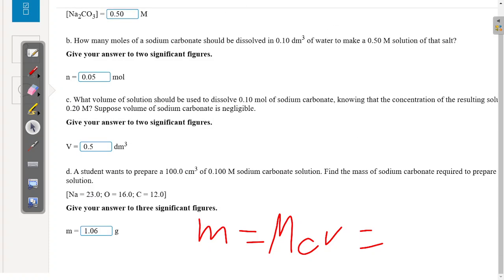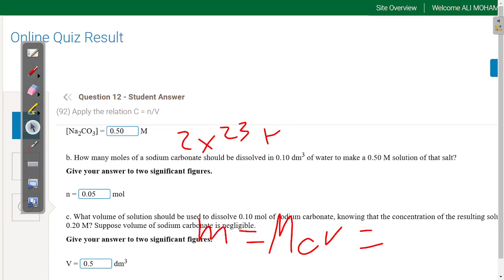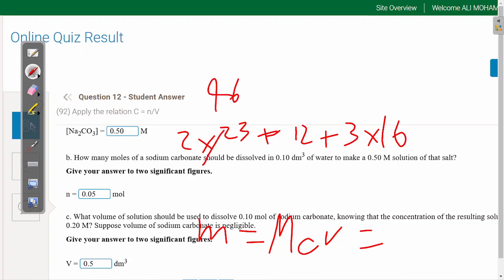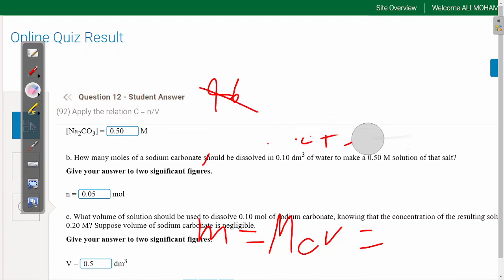So it will be 2 times 23 plus 12 plus 3 times 16. This will be 46, this will be 12, it will be 58 plus 48. It will be 106.